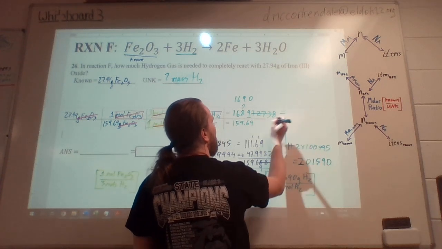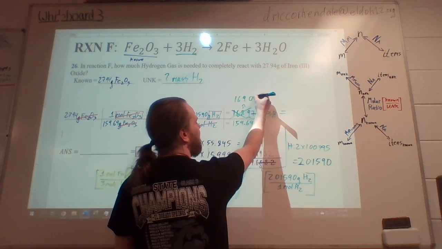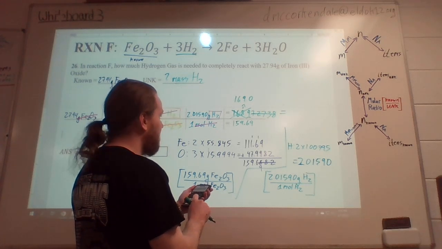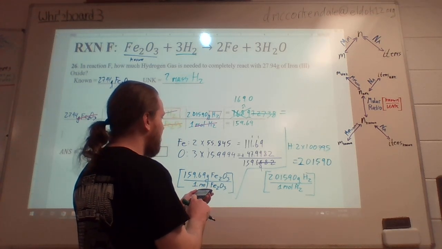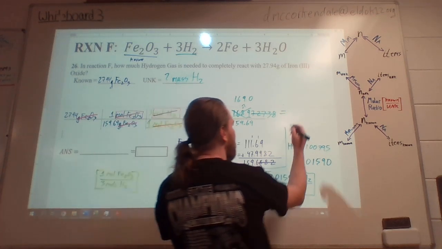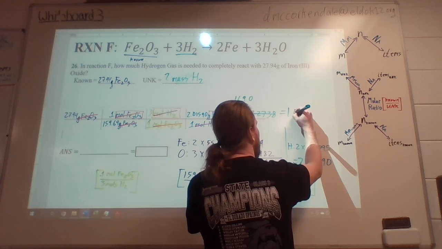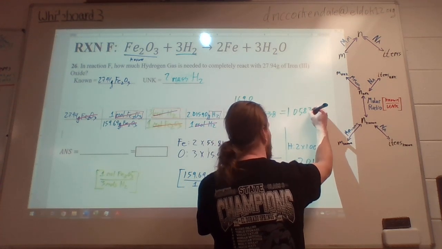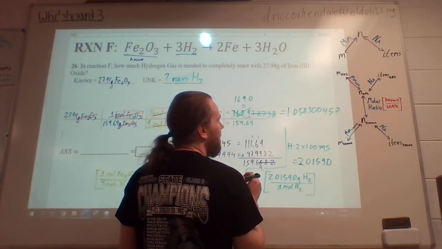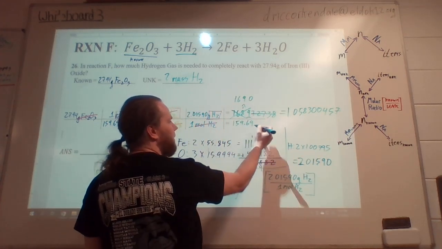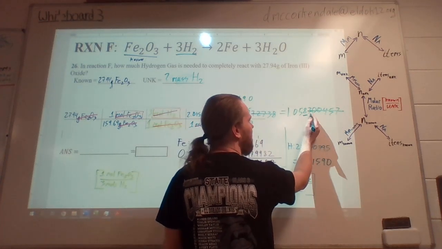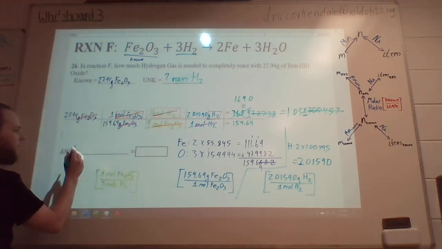So now we take this number divided by this number, 169.0 divided by 159.69 equals 1.058300457. Sig figs 4, and the 5 becomes 4. So we just drop the rest of this since the 3 does not change anything.